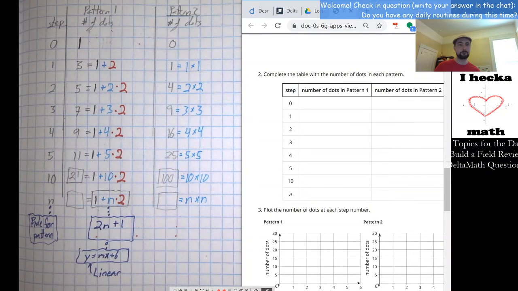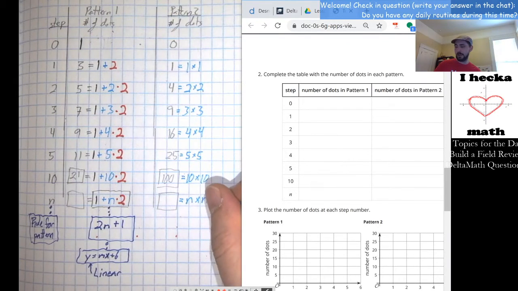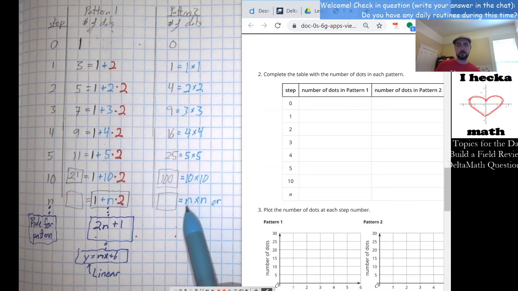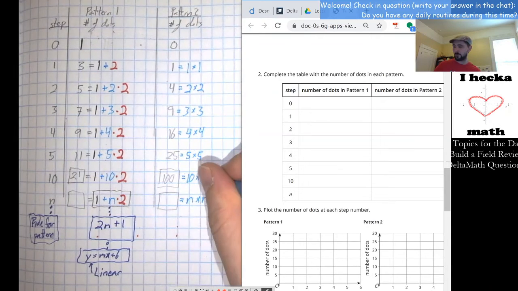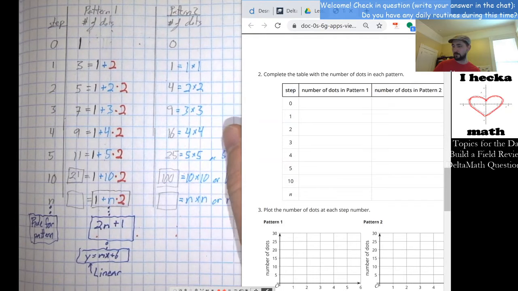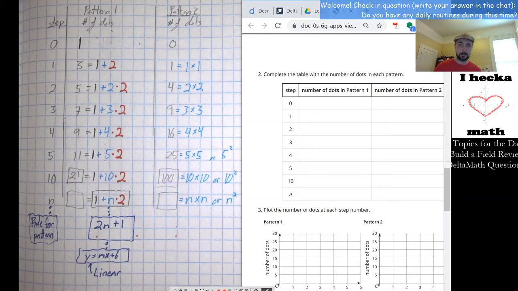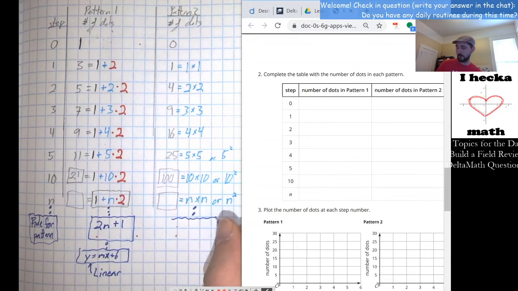And that's it. There is another way to write this. When you do n times n, if you multiply something by itself, this is the same thing as squared. So we could do all of these squared, etc. This is not a linear pattern. This is a new kind of formula.